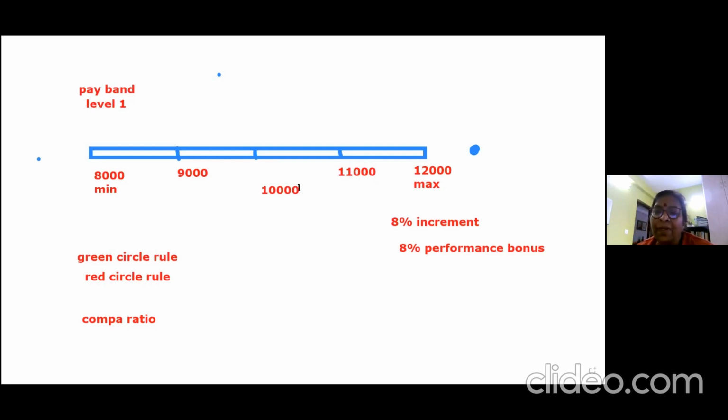Say for example, Bala is at 9,000 rupees base salary. Then what will be his comp ratio? 0.9. It can be 0.9 or it can also be 90%.